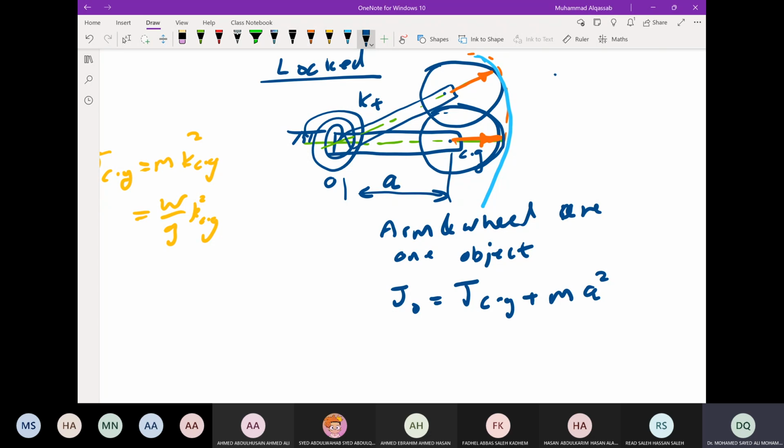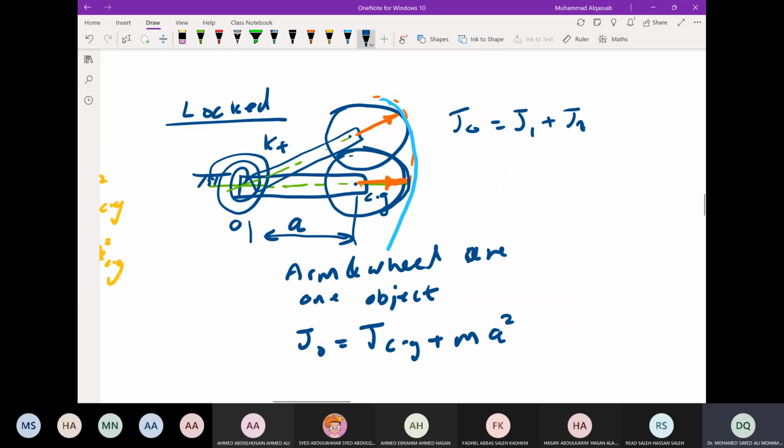So in general, we have JCG or JO equal to J1 plus J2, for the arm and for the wheel.